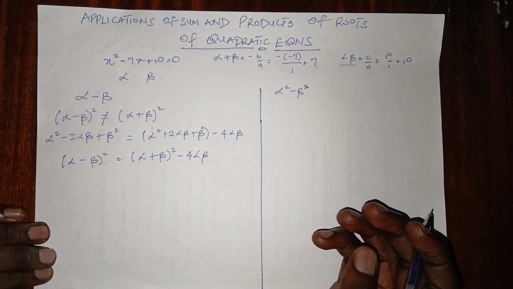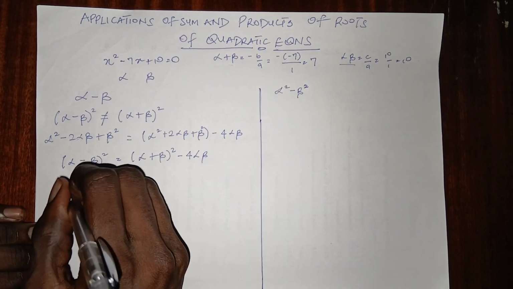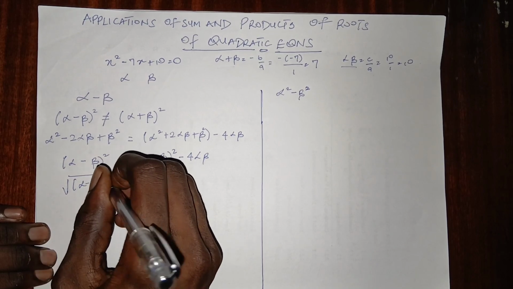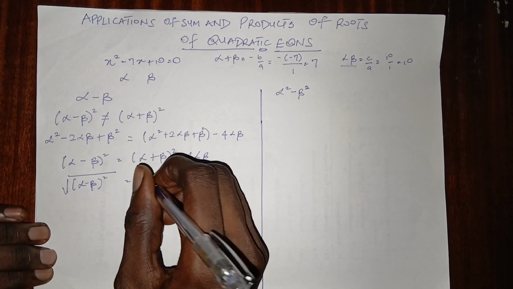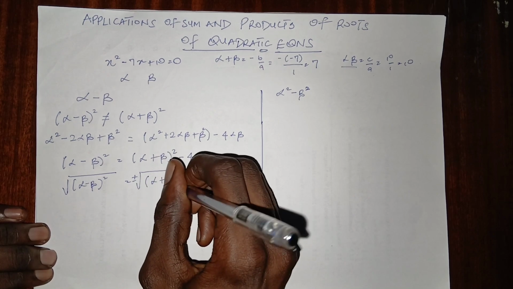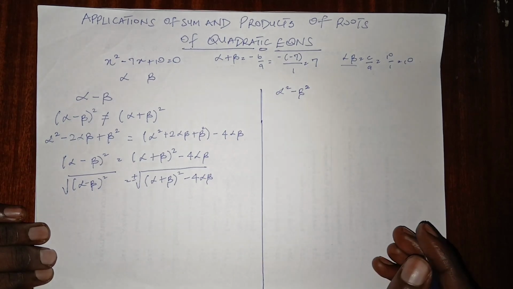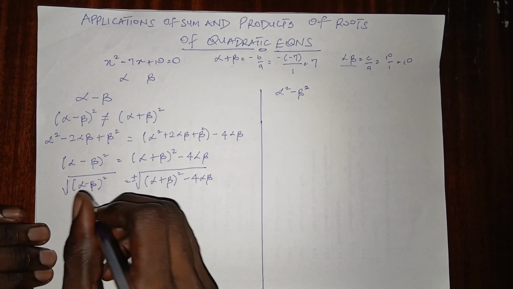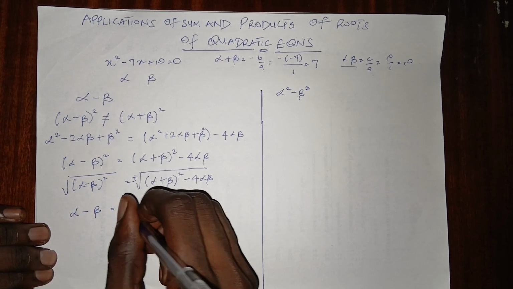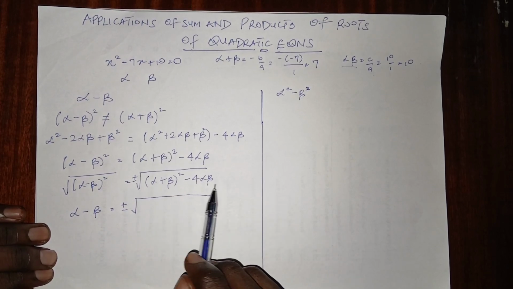Now we can take the square root of both sides. Then we will have alpha minus beta equal to plus or minus the square root of alpha plus beta squared minus 4 alpha beta.